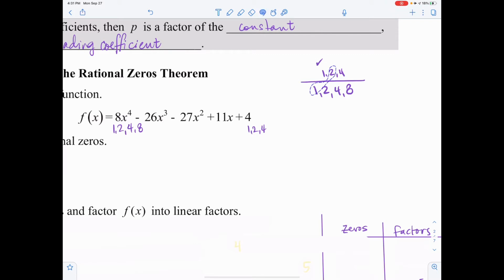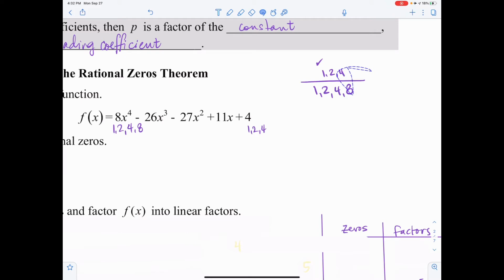So 2 divided by 1, 2 divided by 2, 2 divided by 4, 2 divided by 8. One of the things that you want to realize is that as you go through, if you have a duplicate, if you have something that you are repeating, throw it out. Don't keep it twice. And then the last one that I'll do is 4 divided by 1, 4 divided by 2, 4 divided by 4, and 4 divided by 8.